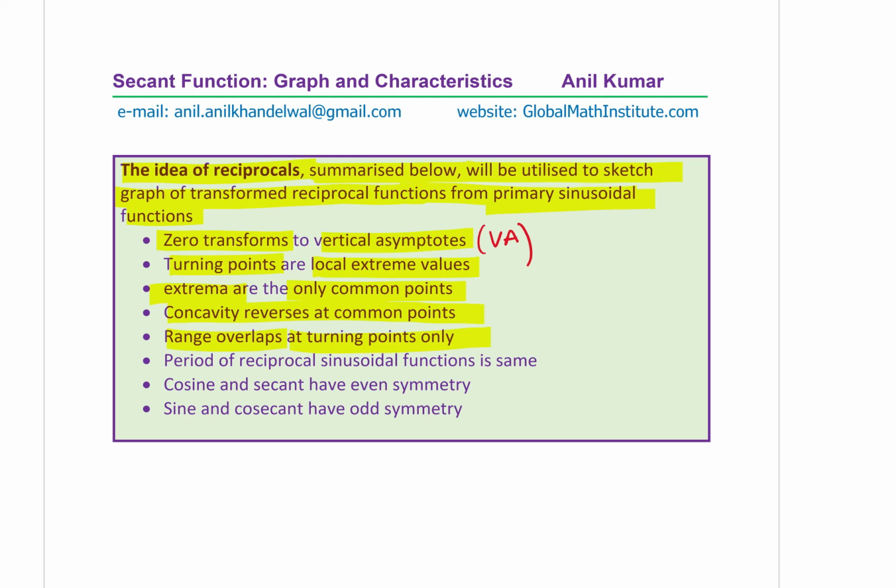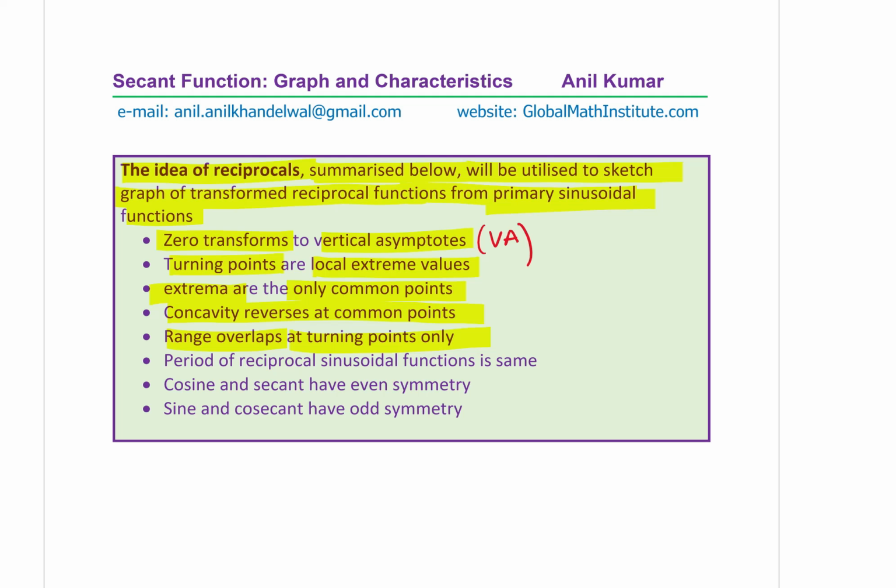So there is only one point which is common to the function and its reciprocal when we talk about the secant and cosecant, or even sine and cosecant, secant and cosine, and sine and cosecant.